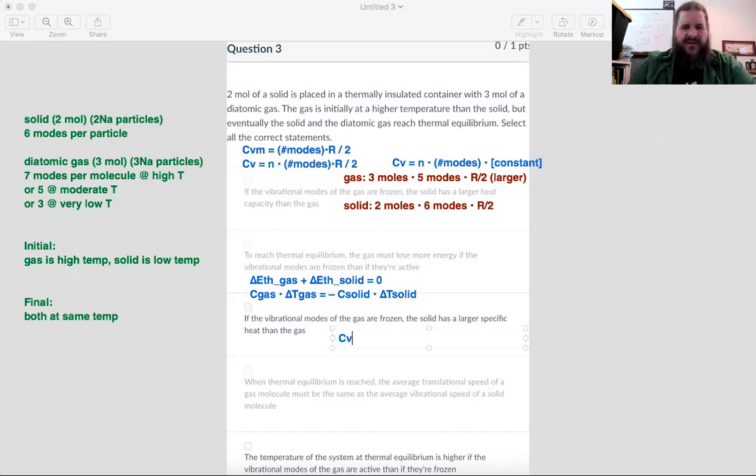So if we take CVM, the molar specific heat capacity, we'll use number of modes times R over 2. And again, since R over 2 is a constant, we really just need to compare number of modes. It says the vibrational modes of the gas are frozen, so that's 5 modes. The solid, 6 modes. So can we say that the solid has a larger specific heat?